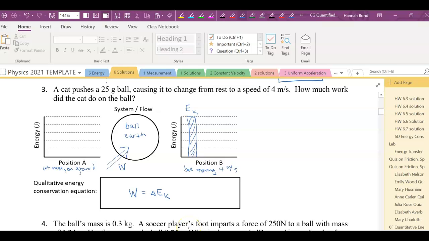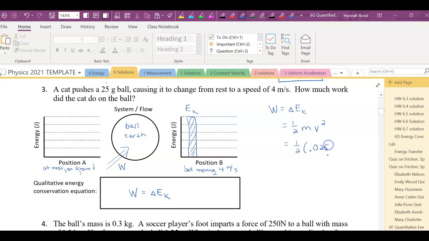And so we want to calculate how much work the cat did on the ball. So that work is the change in the kinetic energy. And so that's going to be 1/2 the mass of the ball times the square of its velocity at position B. Let's see, I'm going to make sure before I plug in here that everything is in standard units.